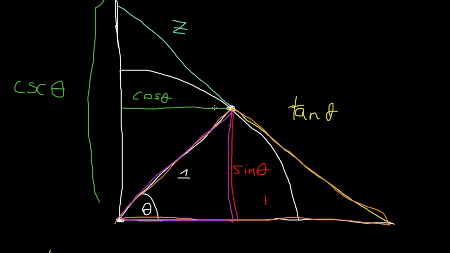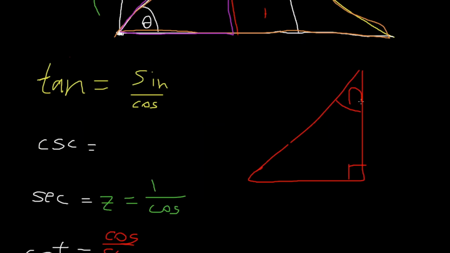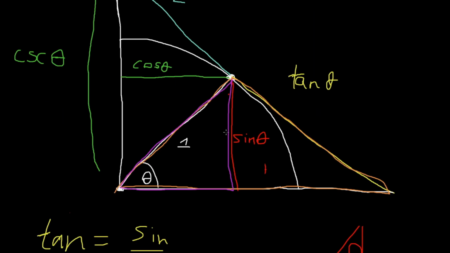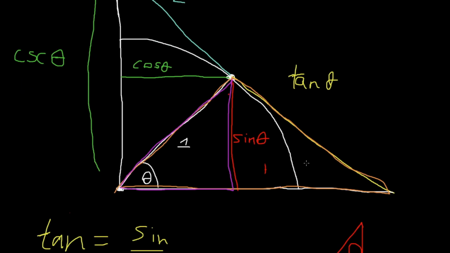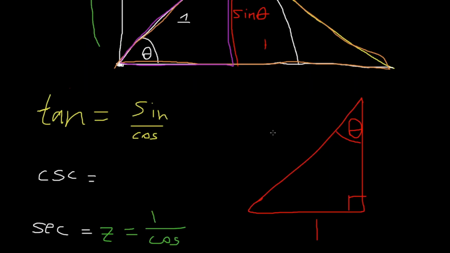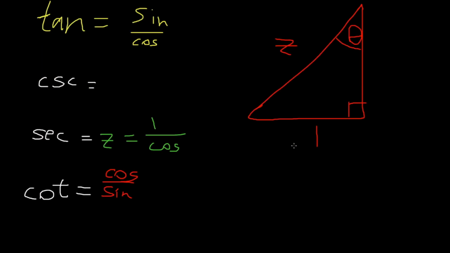So that's a 90-degree angle because this is a 90-degree angle. And where's theta again? Theta is right here and right here. So that means theta is right here. Where's 1? 1 looks like our base, but according to theta, it's actually the opposite, or the height. And cosecant is our unknown. We'll call it z, right there.